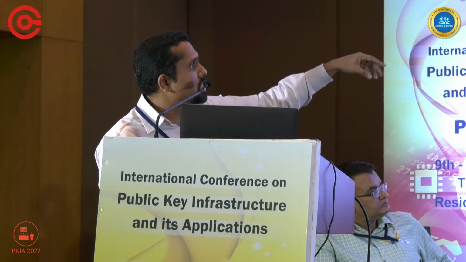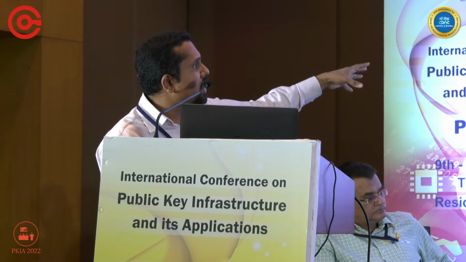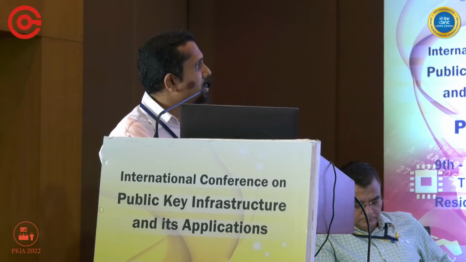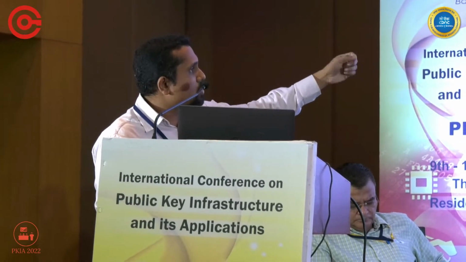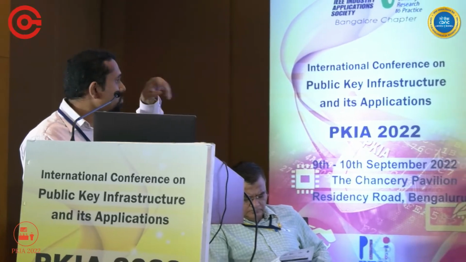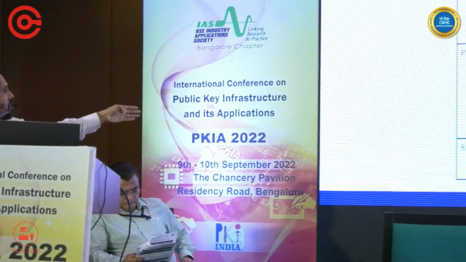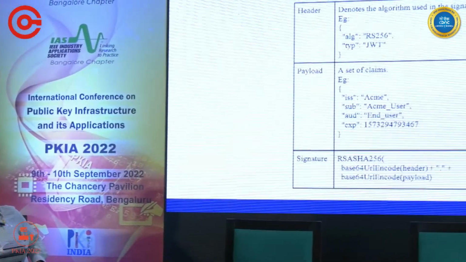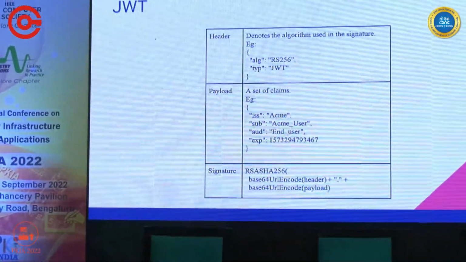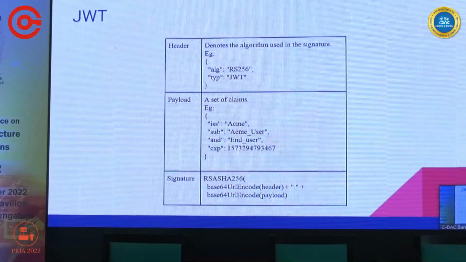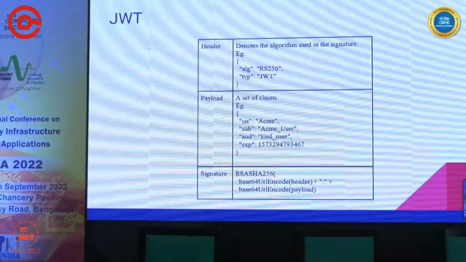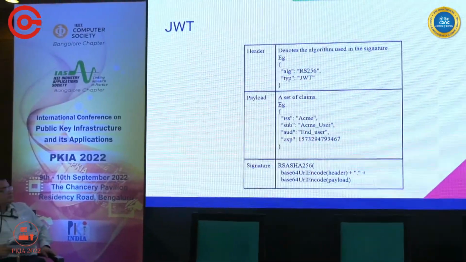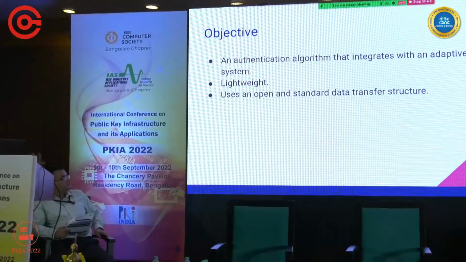What are the claims? It's some information that's identifying the user or the type of interaction that we're going to have, and it is a JSON object. So there are standard defined keys, or we can have our own custom key-value pairs. And finally, there's a signature section wherein you sign the whole structure with the private key. So this brings in the added advantages of authenticity, integrity, and also non-repudiation, because you have signed it, you now cannot claim that you did not.